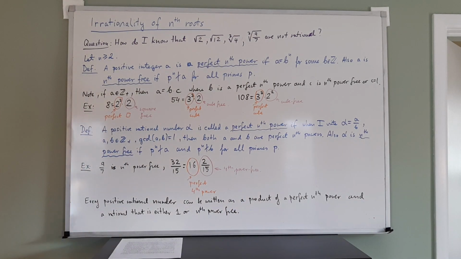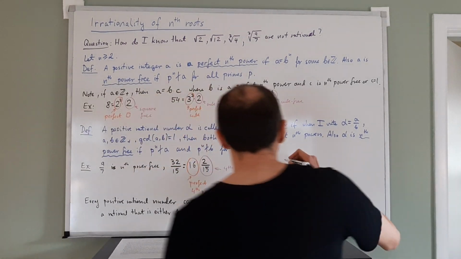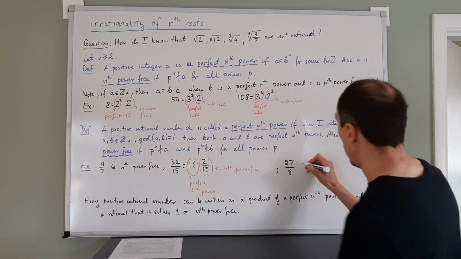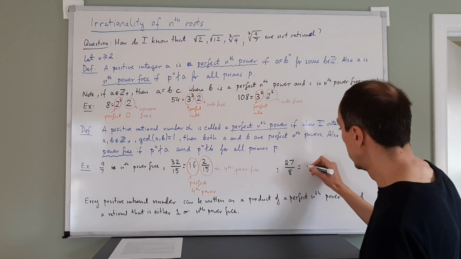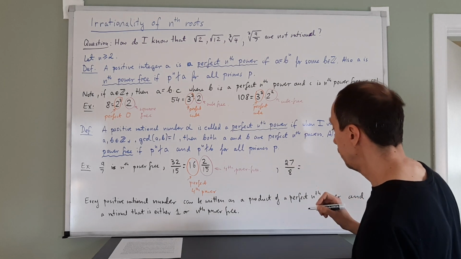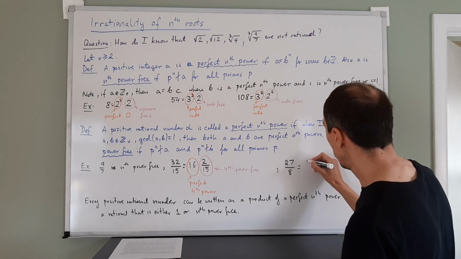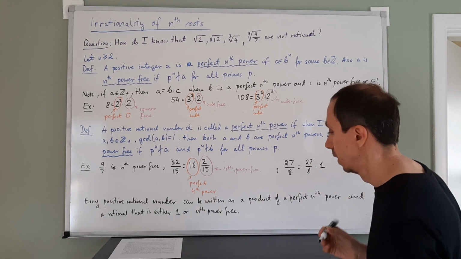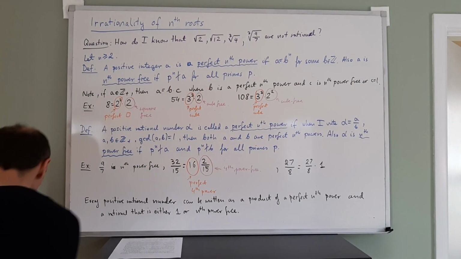The illustration of that third phenomenon would be if I, for example, take 27/8. Well, that is already a perfect cube. So I can write it as 27/8 times 1. This is a perfect cube.